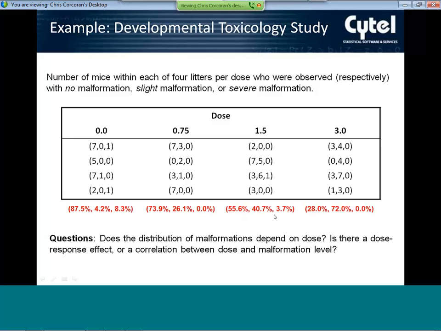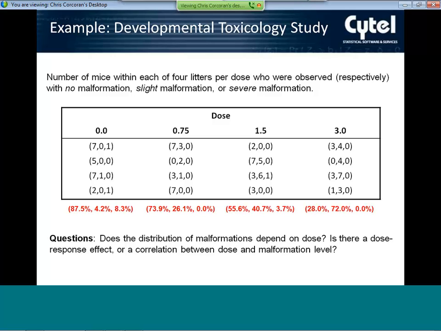And these percentages on the bottom represent the percentages across these response categories in aggregate. But again, if we were to ignore litter, so if we were not to pay any attention to the litters that these mice came from and treat them all as independent, these data would be stored in a 3 by 4 table.